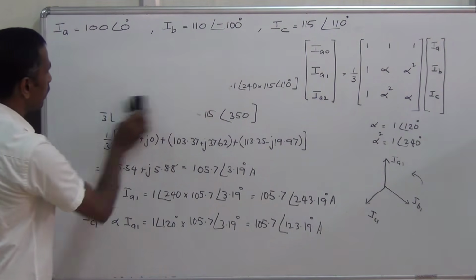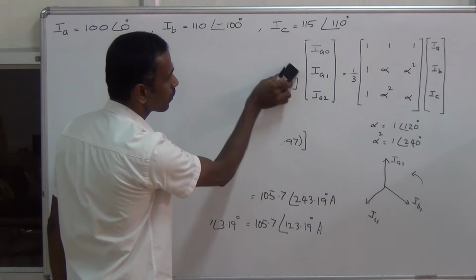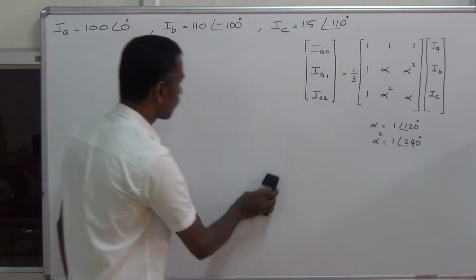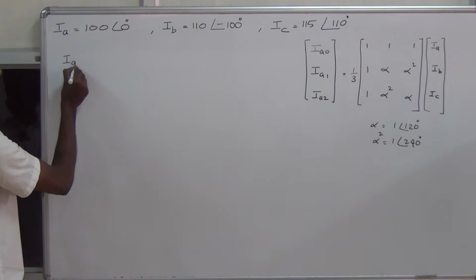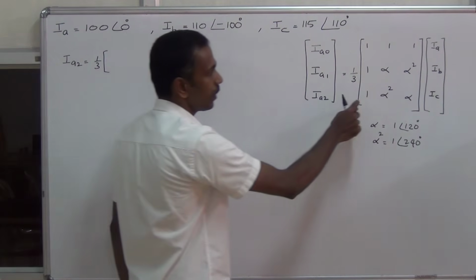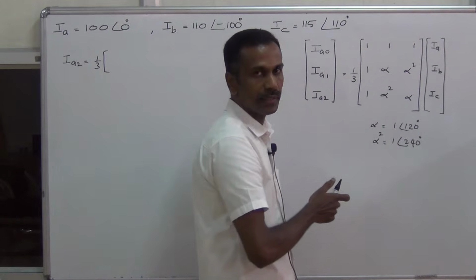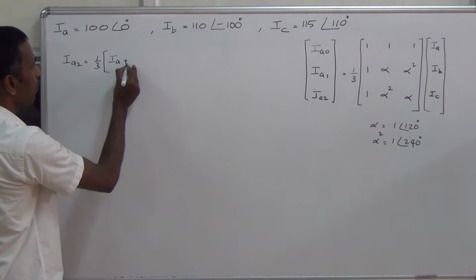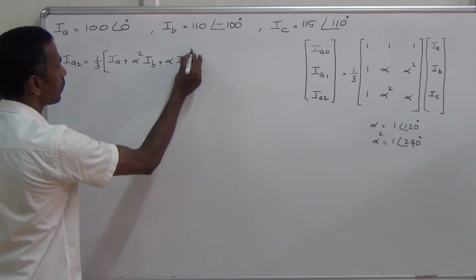Now let's find out the negative sequence currents. IA2 equals 1 by 3 into IA plus alpha square IB plus alpha into IC.